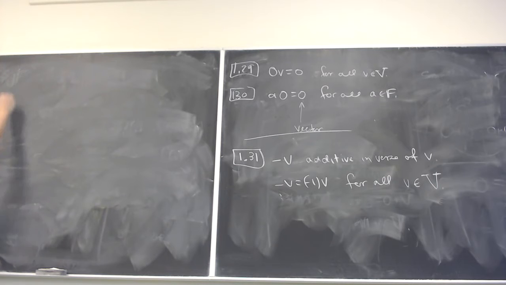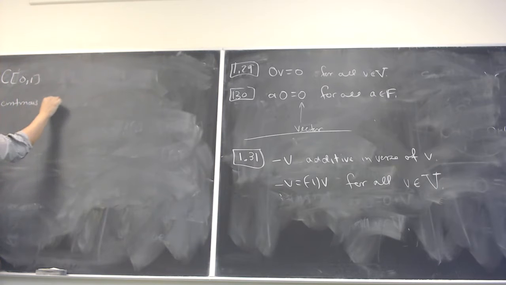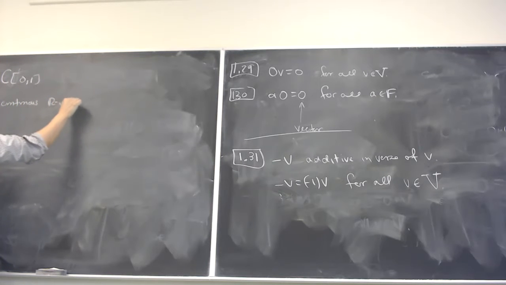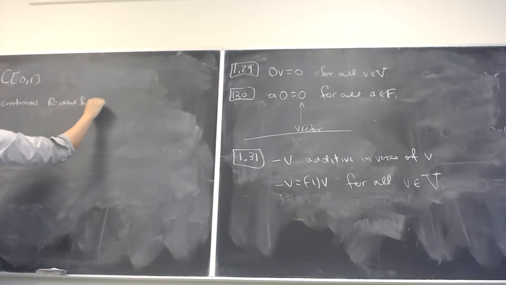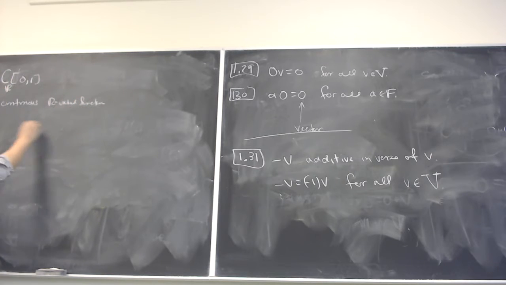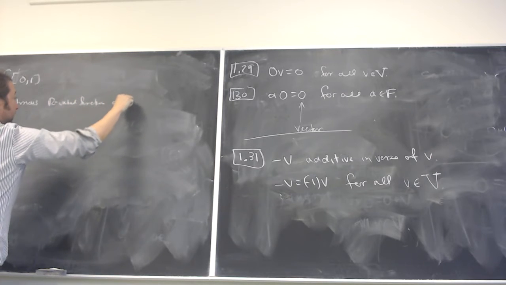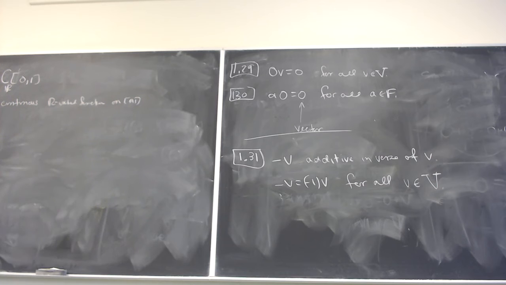So the standard notation for that, just so you have it: C[0,1] is the standard notation for continuous real valued functions on [0,1]. You might see R down here on [0,1], but this is actually appropriately the subject of graduate level functional analysis, and so it doesn't really show up in here.